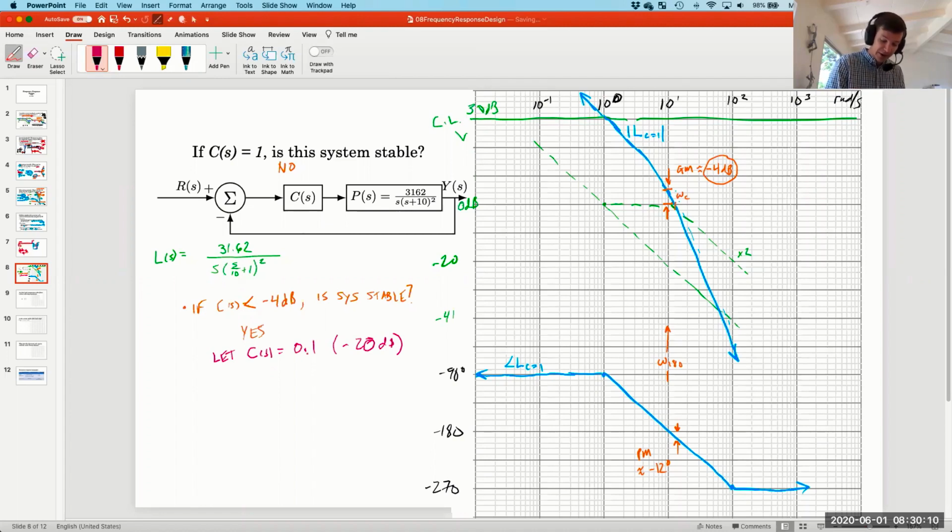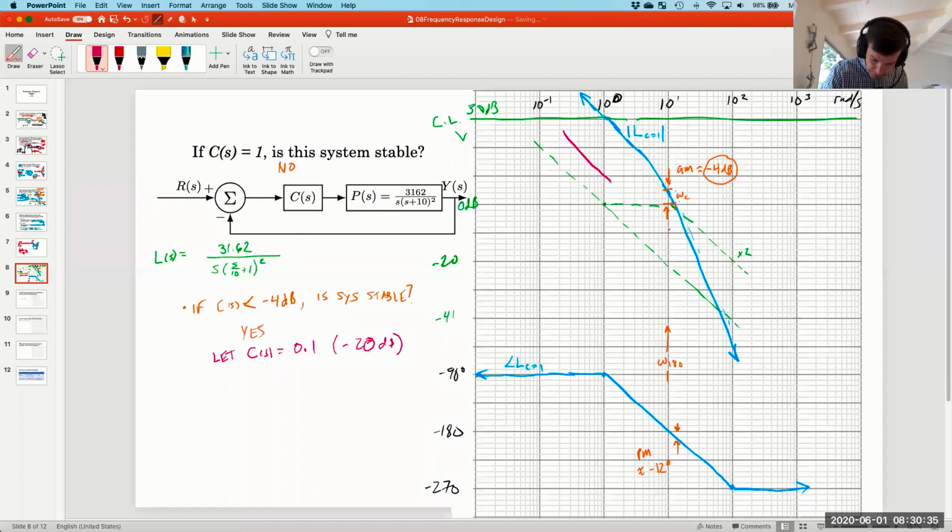What effect does this change have on the phase plot? I think nothing, because C of S is going from a positive number to a positive number, and so the phase plot won't change at all. If I change the proportional controller to 1/10 of its old value, then I get to shift this blue curve down by 20 dBs across the board.